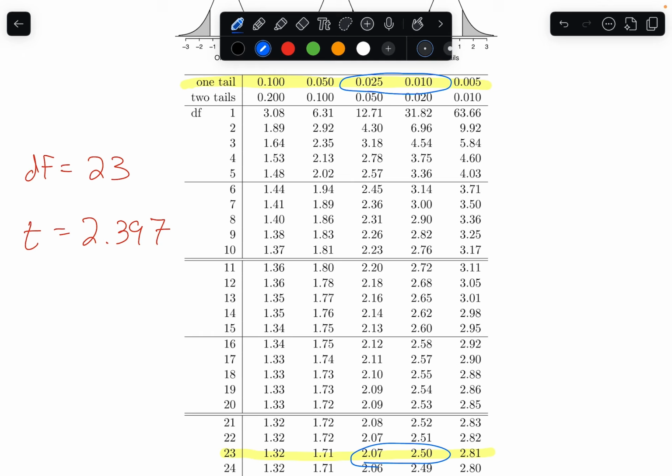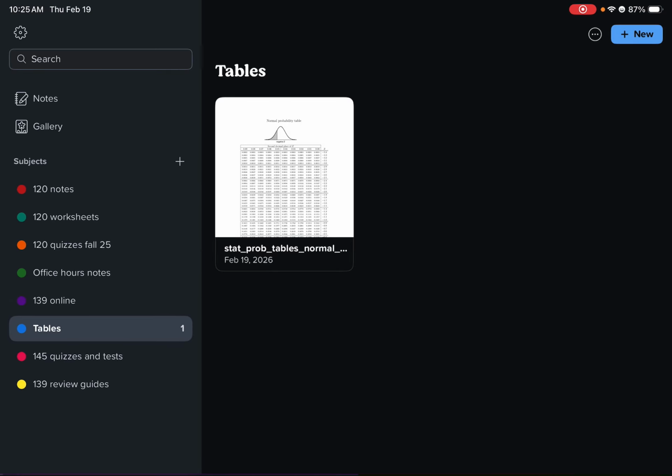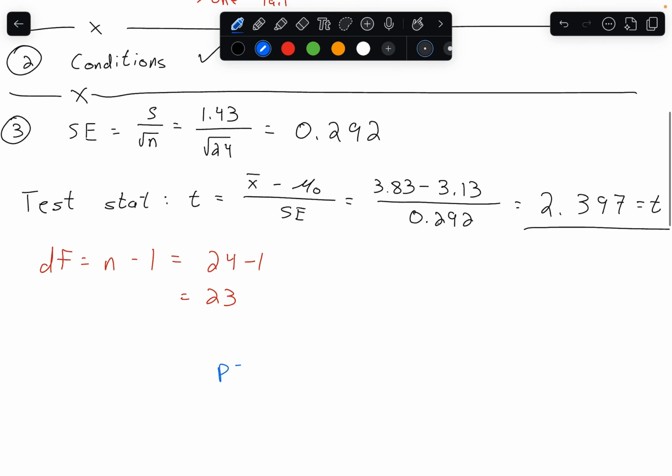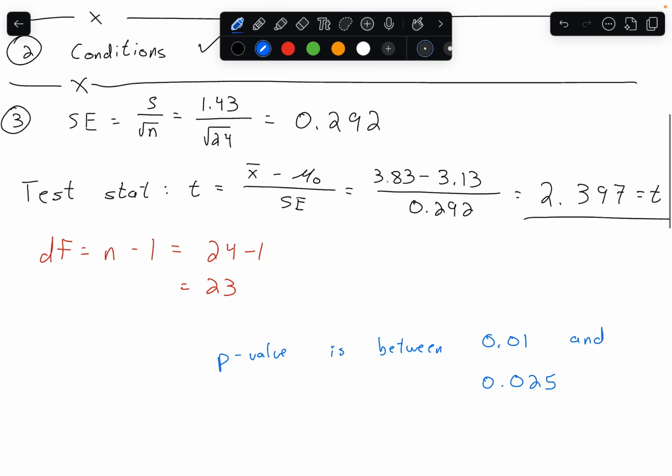I can just have an idea of where it lives, and that's enough information for me to make my decision and answer my question. So hopping back, we said our p-value is between 0.01 and 0.025, which should be enough information to help me make my decision at the end of this problem.